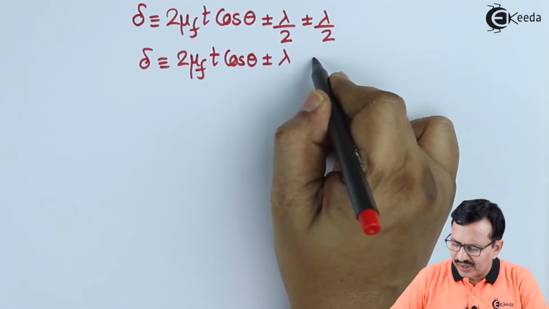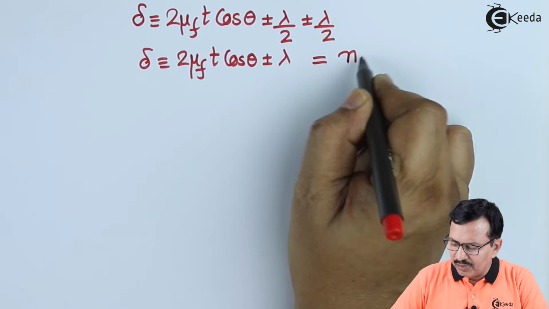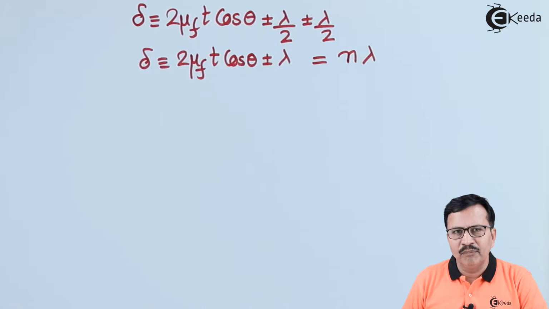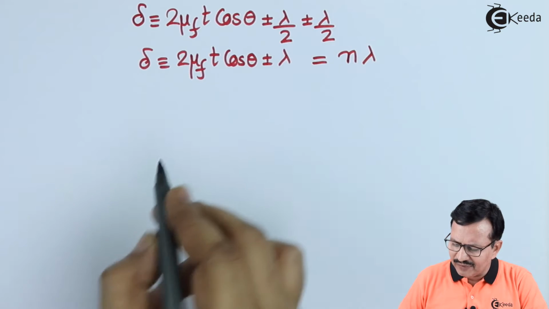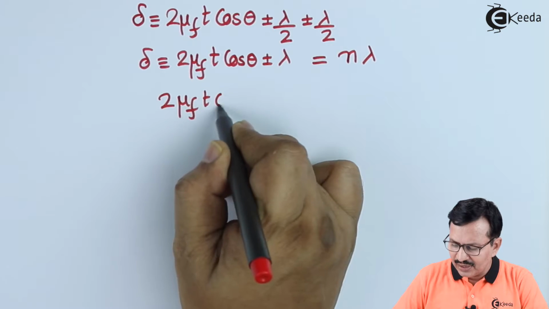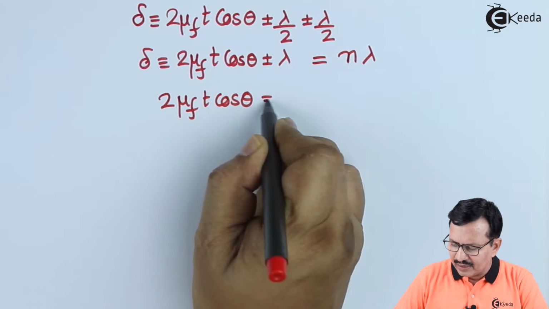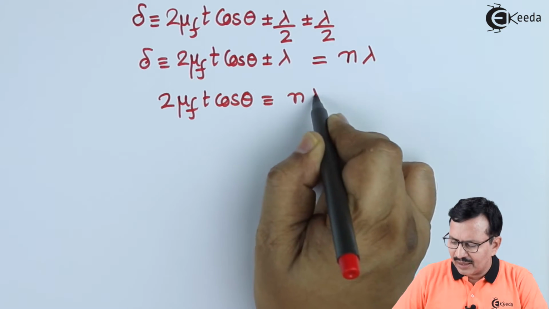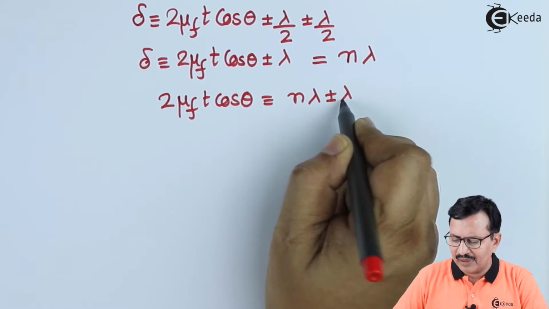I want this to be a multiple of n lambda, because in this particular case, you are going to have constructive interference. We can now simplify this further to give you 2 mu f into t into cos of theta is equal to n lambda plus or minus lambda.